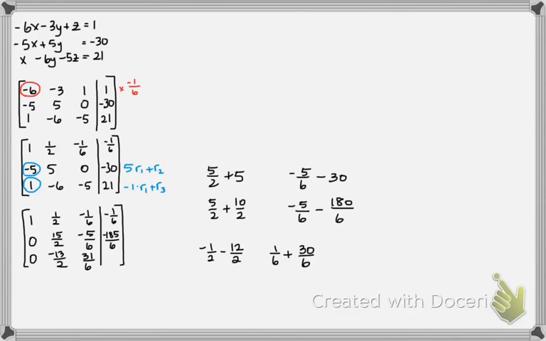That's the key. For the last one, we're going to get a positive 1/6 again, and then we're adding that this time to 21. So 21 times 6 is what? 126. So then that's going to be 127 sixths, right?